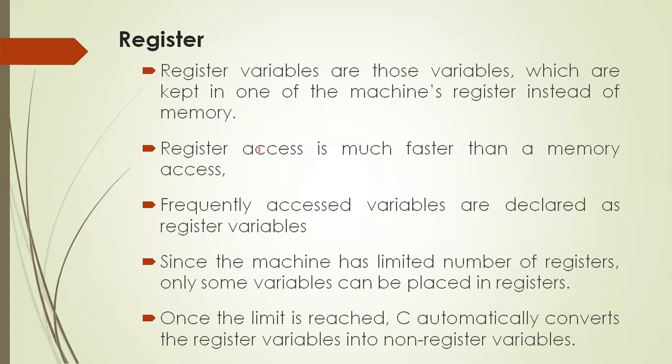Since the processor always checks for the value of the variable in the register, the time to access a register variable is less when compared to a variable stored in memory. The memory variable takes more time because the processor first has to search the register. If not available, then it will search in the memory location.